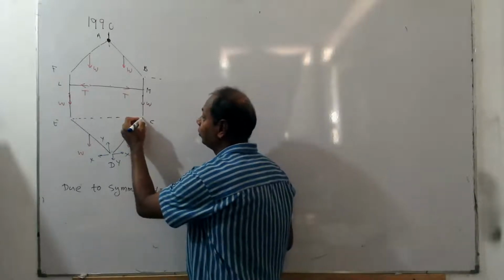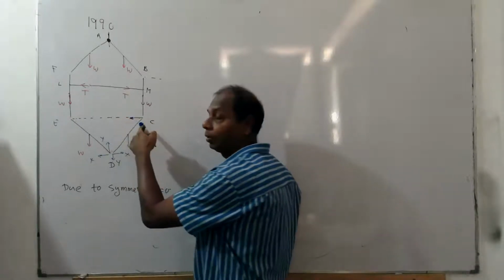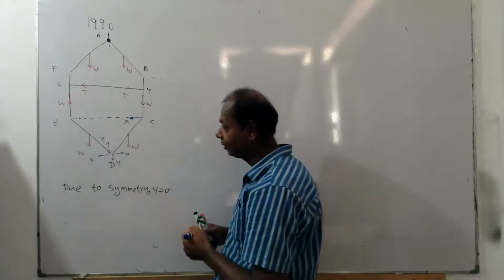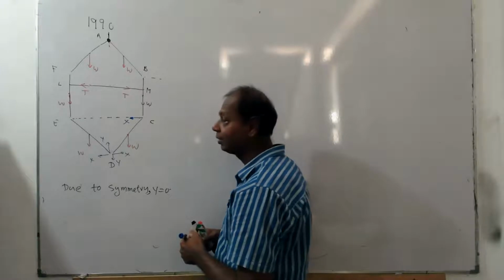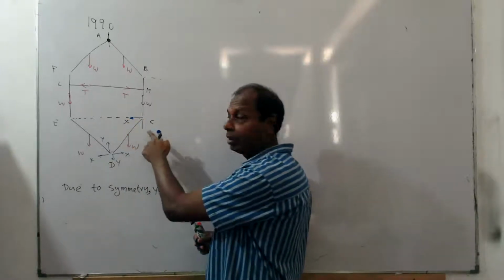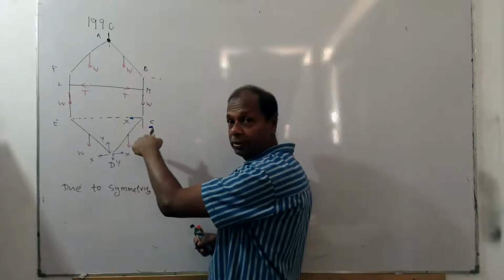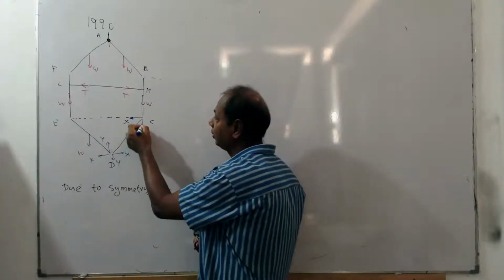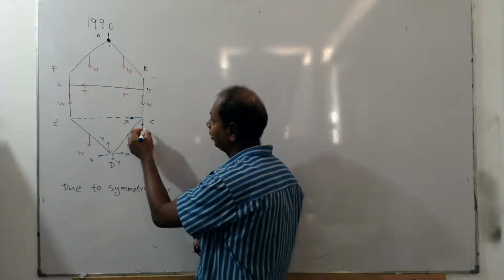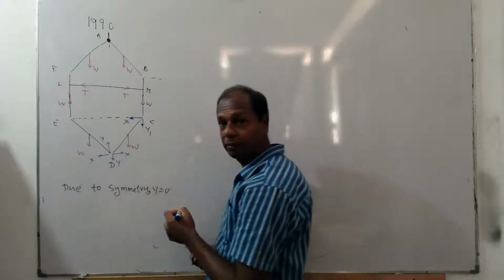So therefore, the horizontal component should be the same x but in opposite direction. You can say the same about this y component. I don't remember whether I marked it upward or downwards. I mark some y1.